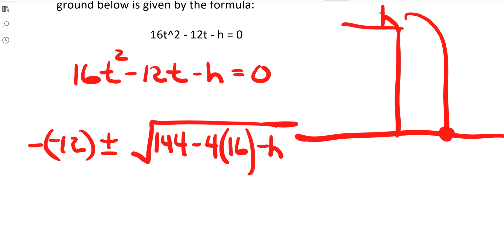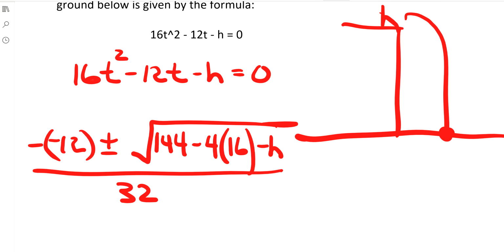And that kind of throws us off a little bit, right, with that negative h. All over 2a, which is 32. 2 times a is 16, 2 times a. All right, so that's it for what we've got.